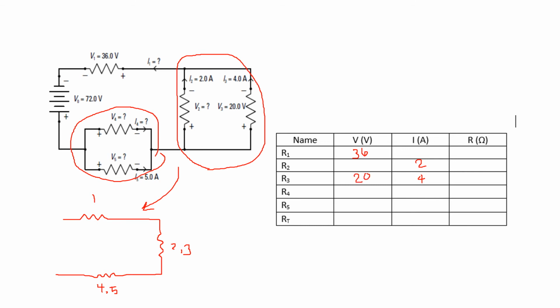And then I come here, my R4 I don't have, my I4 I don't have, V4 I don't have, but for 5 I have the amps, 5 amps. V5 I don't have anything, and I come to total, sometimes they put V0, but this is the same as V total. That one I have 72.